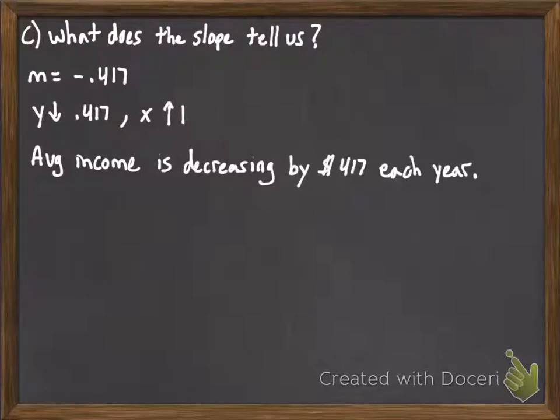Right, we had a big recession, starting really in 2009, that we really are just finally now starting to come out of. So yeah, incomes are going to drop, and that's what's going on here. Okay, so this is kind of an introduction to some of the questions you can run into. In some of the future videos, you'll be actually looking at finding the equation first and then answering some of these questions.